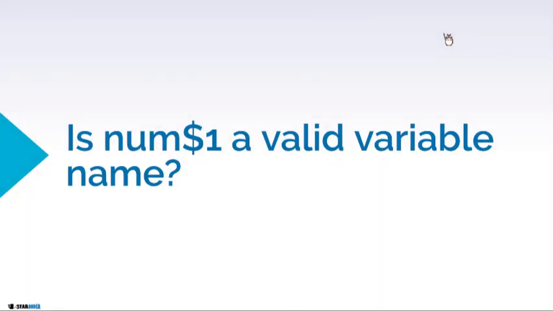What about num$1? It has a number, but it doesn't start with the number. Since variable names can only contain alphanumeric characters, numbers and letters, we can see that the $ sign makes this indeed not a valid variable name.